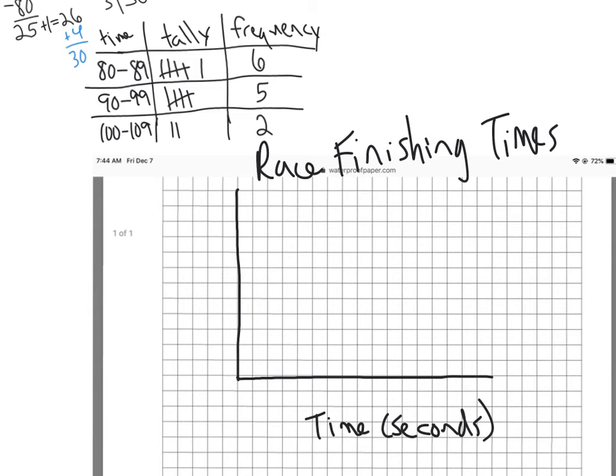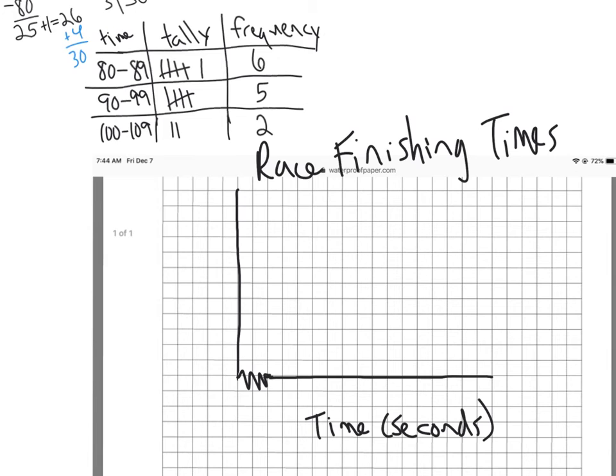One thing a little different on this one is that, unlike the one in the book that started at 0, our first number starts at 80. So we're going to do a little break along the x-axis. Okay, so I just did this little squiggly line here. That's showing a break because I'm not starting at 0.